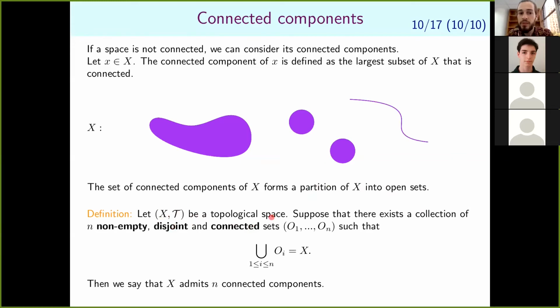Take a topological space and suppose that you can cover your space with n open sets that are non-empty, disjoint, and connected. Then we say by definition that the space X admits n connected components.